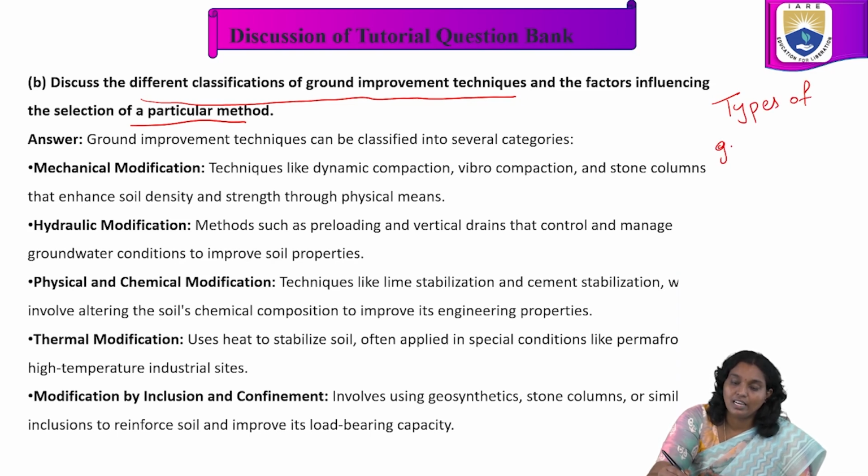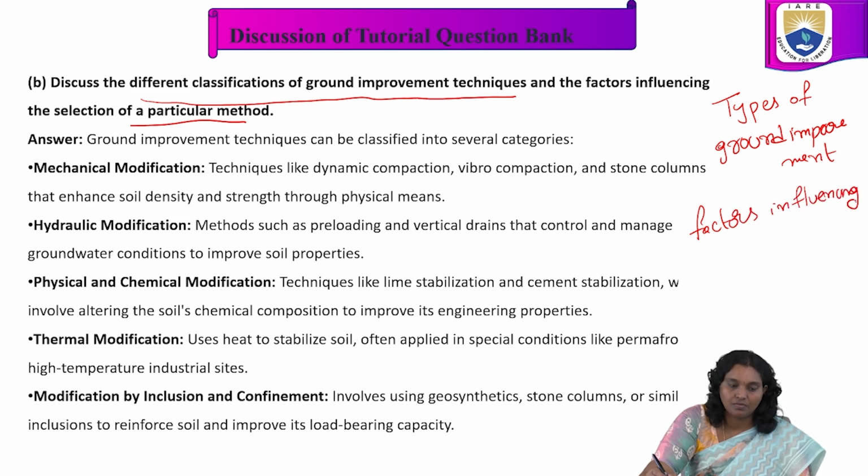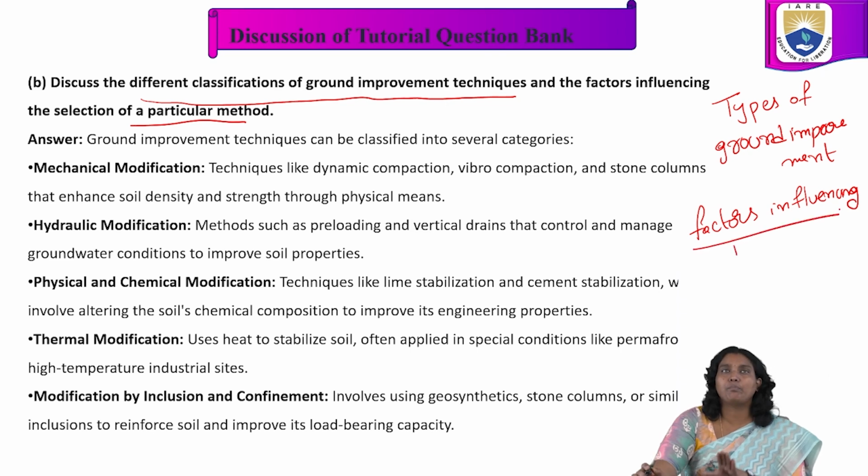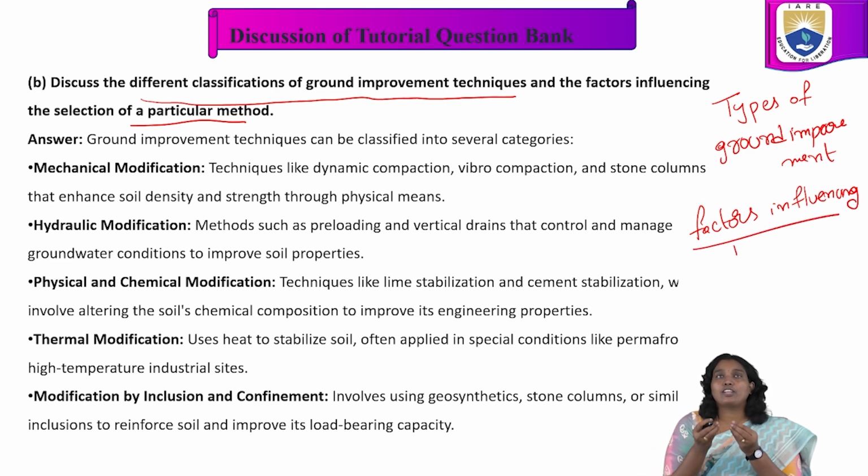This is nothing but the types of ground improvement techniques. Factors influencing the selection of a particular method: how do we choose? Different modifications and different techniques are available. How are we going to choose?